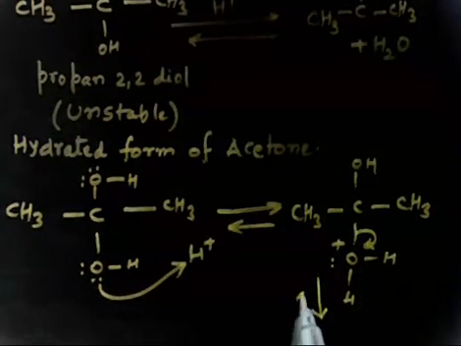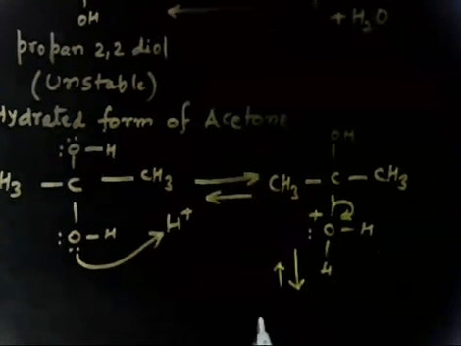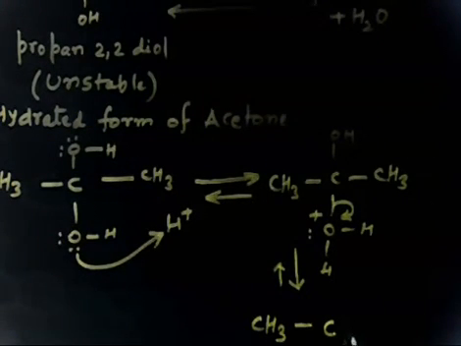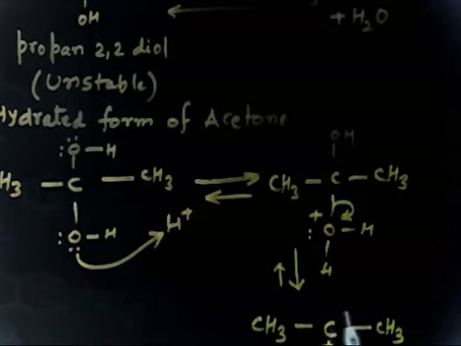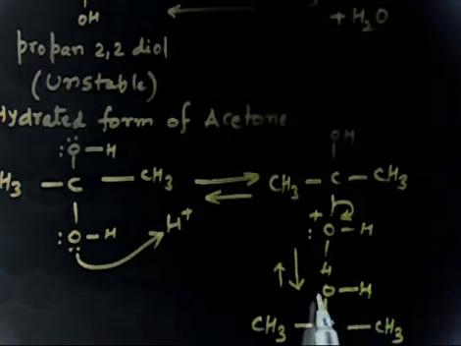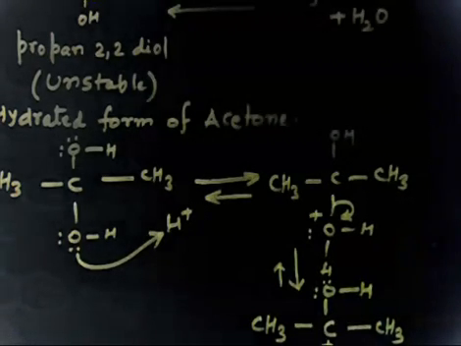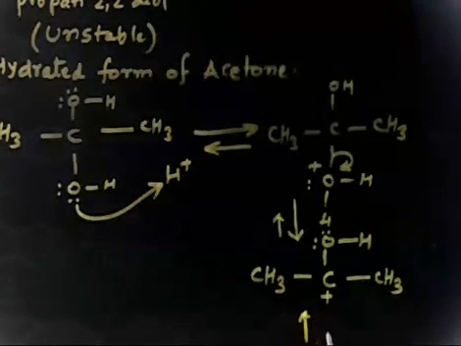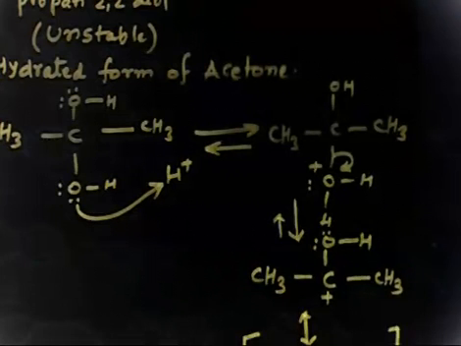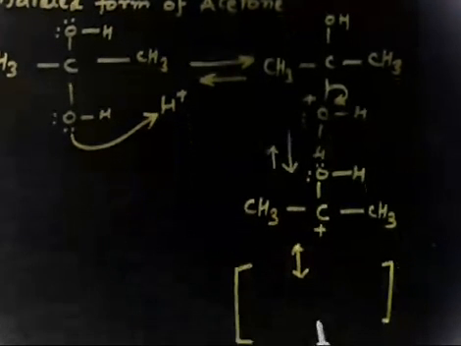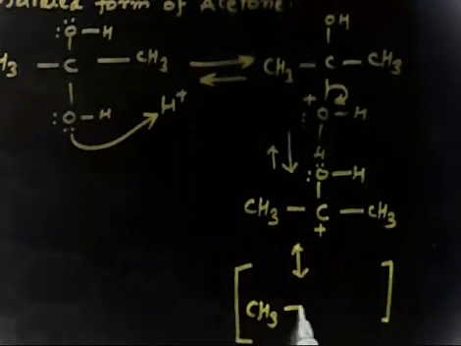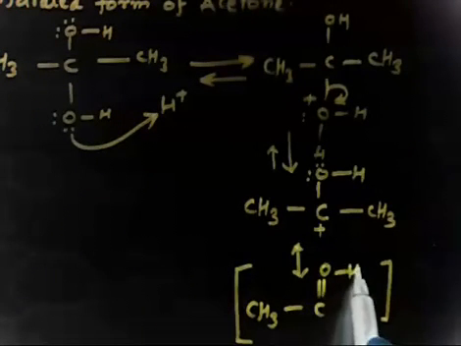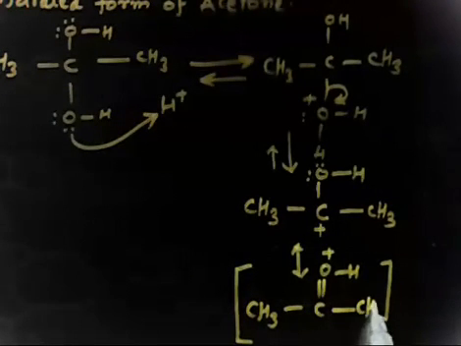If I do this, I will have CH3, C plus, CH3, with OH. This compound will also have a resonating form. One resonating structure is CH3, C double bond OH plus, CH3.